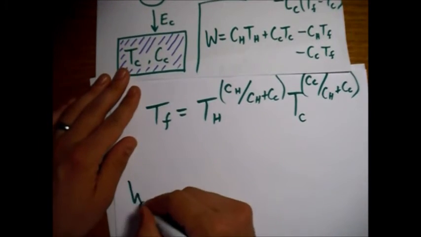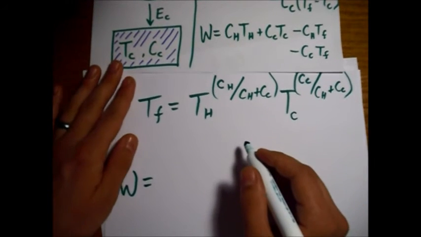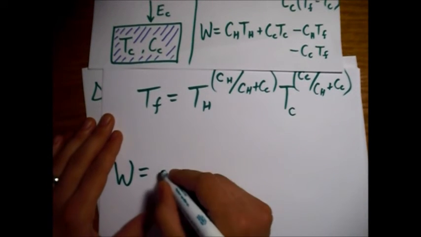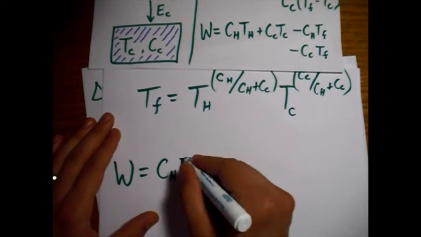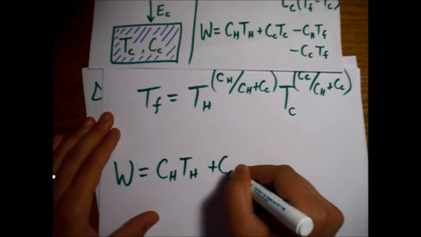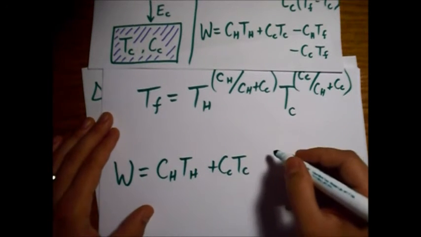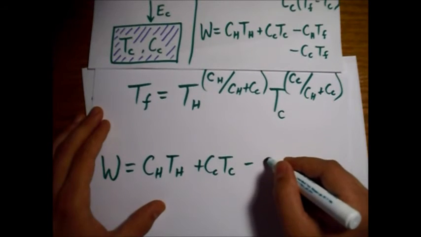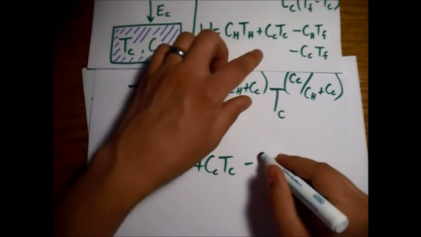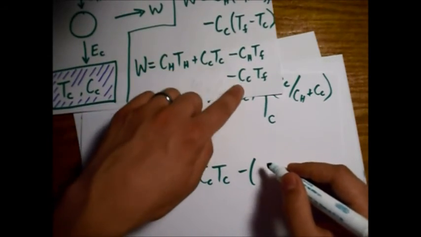So the maximum amount of work we can get from a system like this is the following. I'm going to go ahead and combine this C_H and C_C this time.